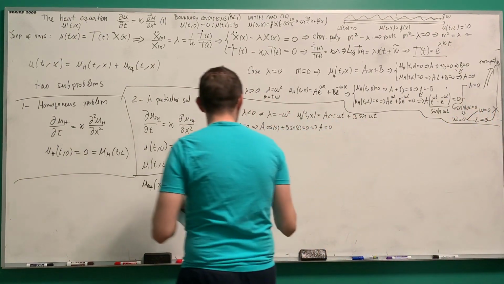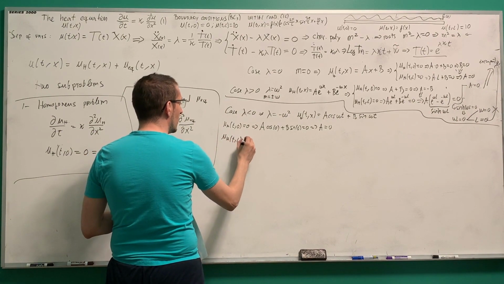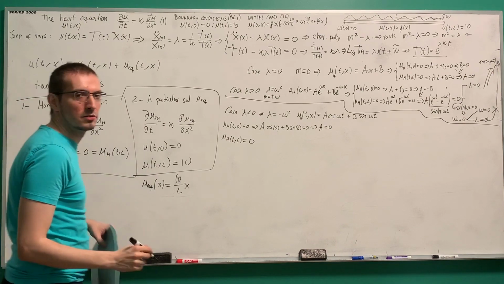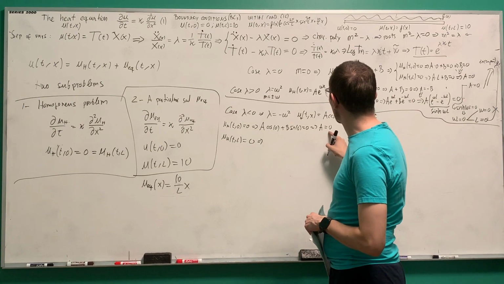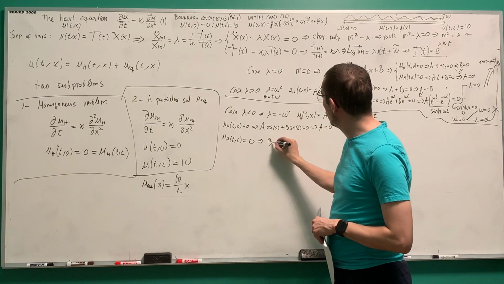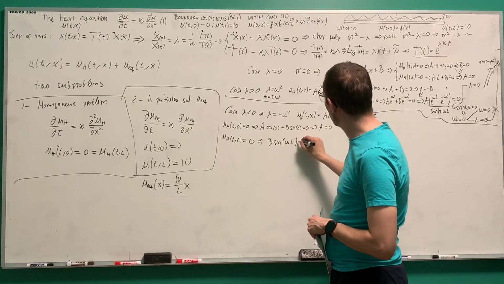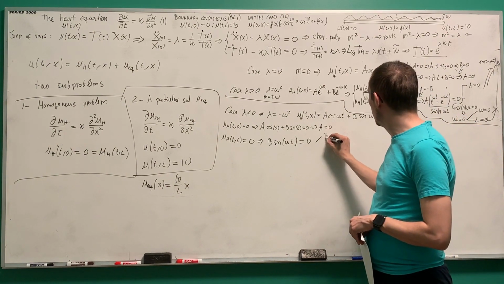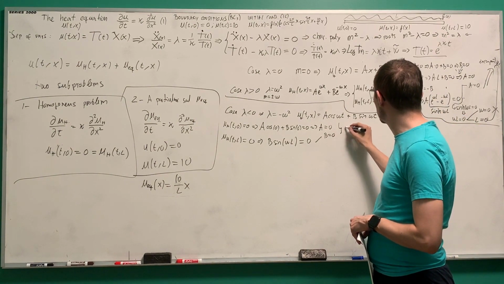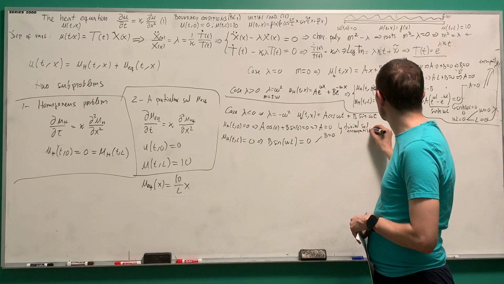And now, what we get is UH of TL equals 0, again, the homogeneous boundary conditions for the homogeneous problem, and then we get, let's apply already that A is equal to 0, so we get B sine omega L equal to 0. All right, so two options. B equals 0, that with A equals 0 gives the trivial solution, which is incompatible.